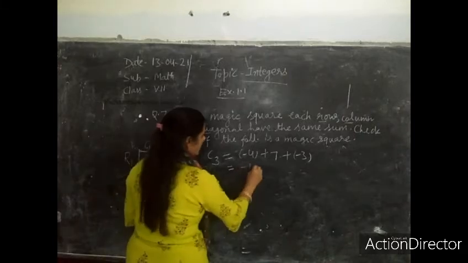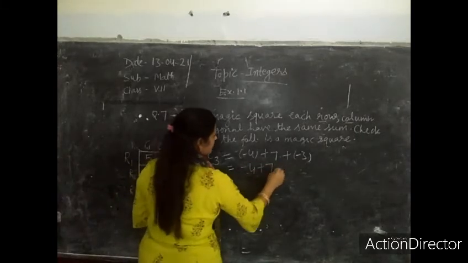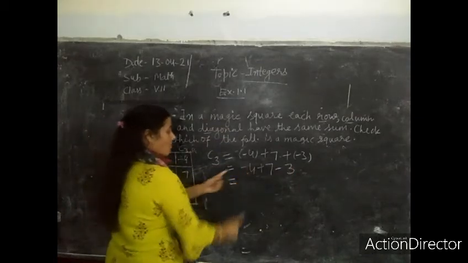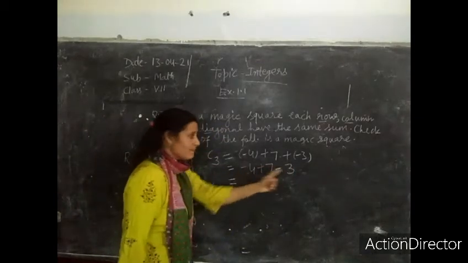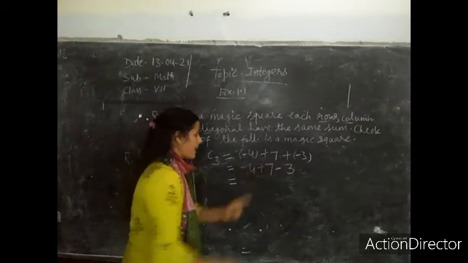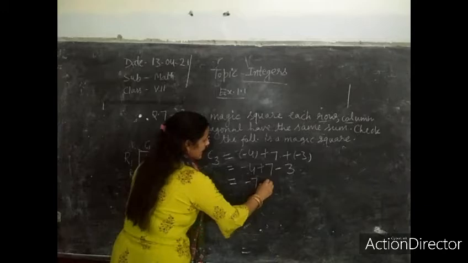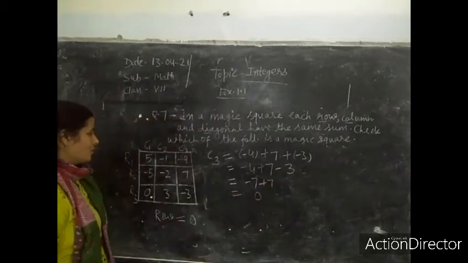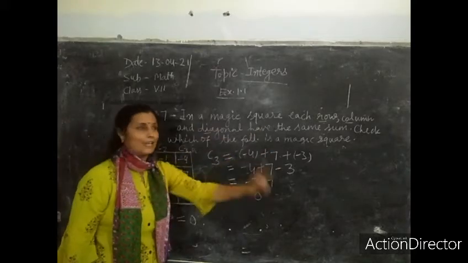Minus 4 plus 7 plus (minus 3). Minus 4 and minus 3 have the same sign, so we leave the 7 and first add them: minus 4 minus 3 becomes minus 7, and plus 7 is also 0. Very good. We got all the columns as 0.